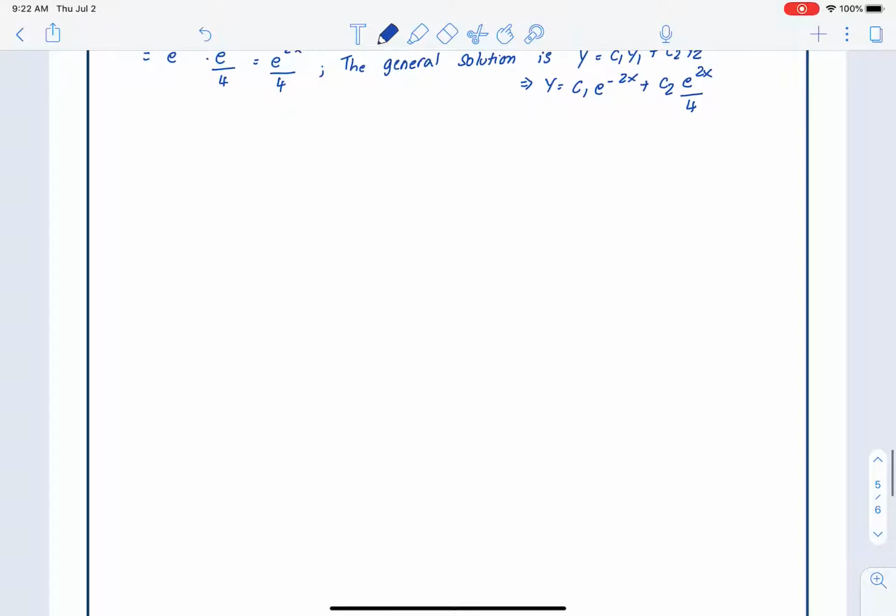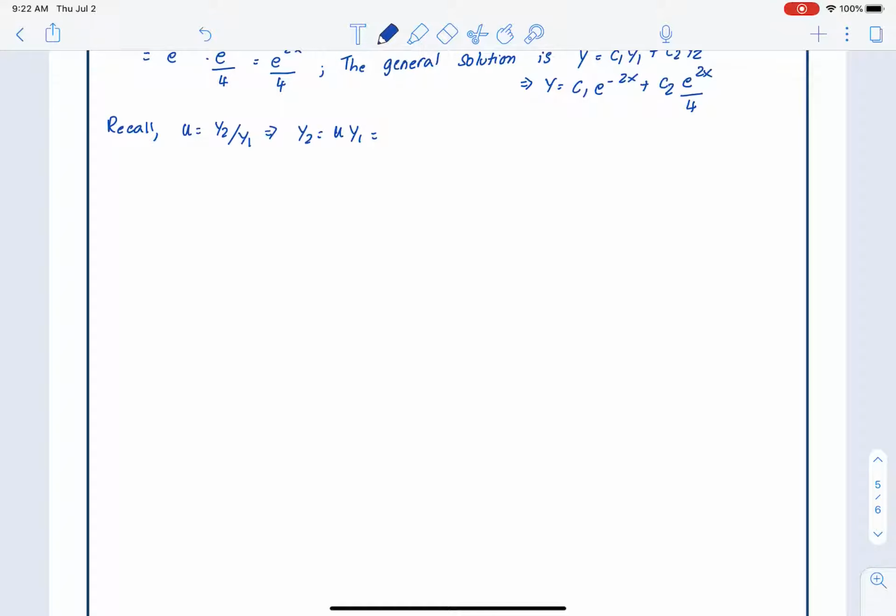Now we move on to finding the particular solution, because this is a non-homogeneous equation. If we recall in our derivation for the reduction of order, u was y2 over y1, which would imply y2 is u times y1.